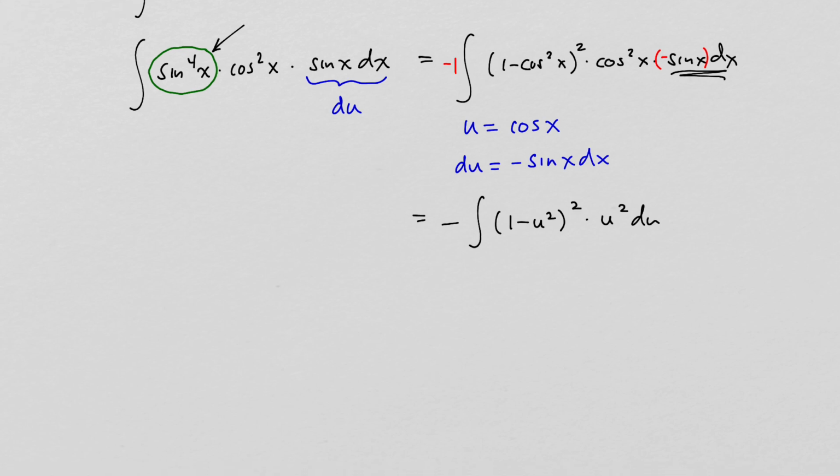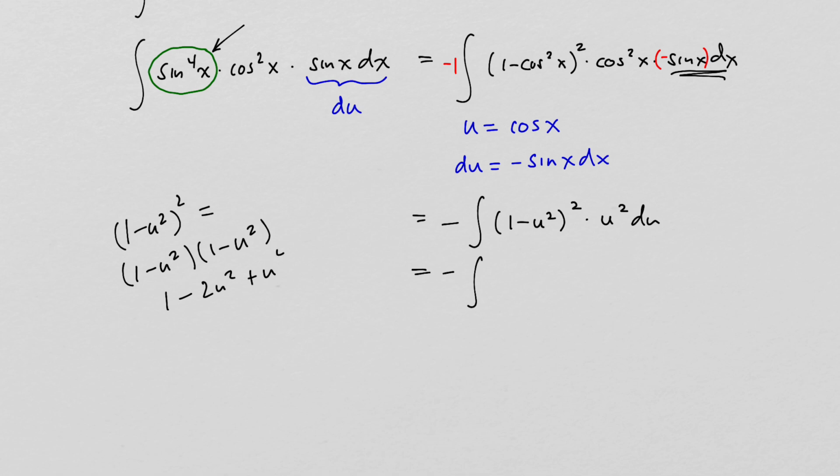So the next steps are a little bit tedious. We just need to multiply this out. So 1 minus u squared, quantity squared. Remember, this is 1 minus u squared times 1 minus u squared. And if you multiply this out, you should get 1 minus 2u squared plus u to the fourth.